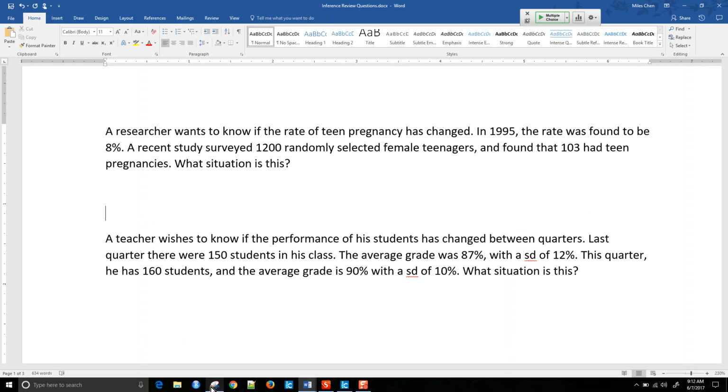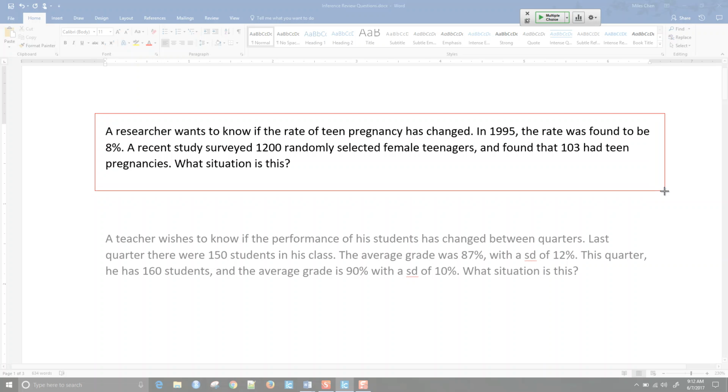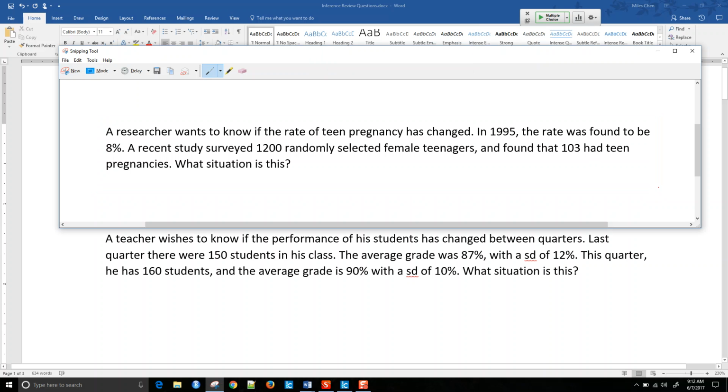It says a researcher wants to know if the rate of teen pregnancy has changed, and we'll say in 1995 the rate was found to be 8%, and a recent study surveyed 1,200 randomly selected female teenagers and found that 103 had teen pregnancies.